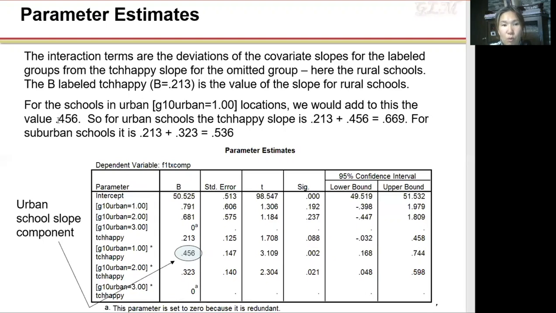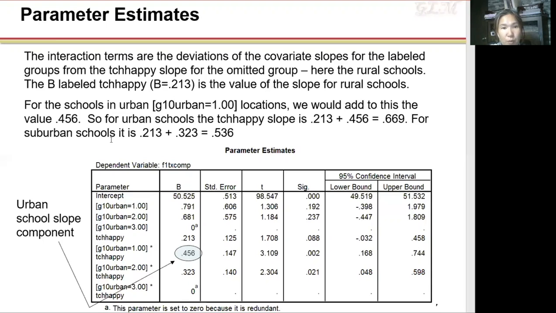Okay, so for urban schools, the happiness slope is 0.213 plus 0.456 equals 0.669. So this is the urban schools teacher happiness slope, x2, beta 2.